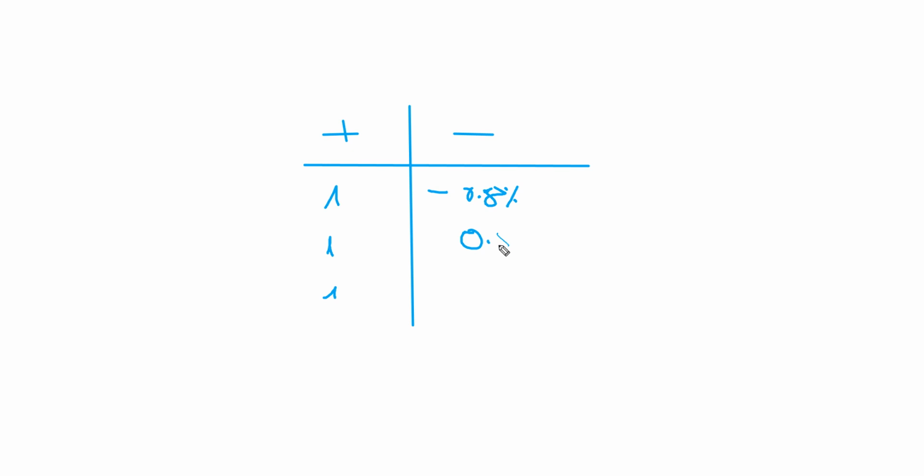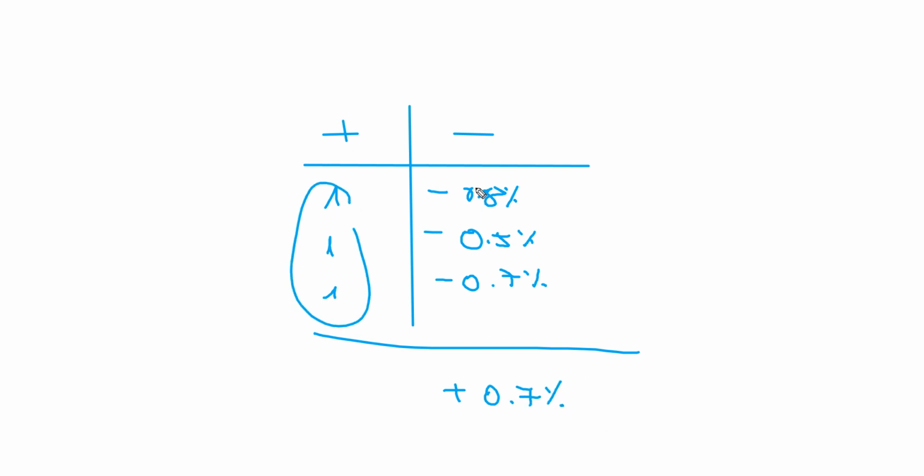The next time you cut earlier, it would be minus 0.5%. The next time somewhere like 0.7. Of course, this is just example numbers, right? But eventually what happens here is you are plus 0.7% profit, right?